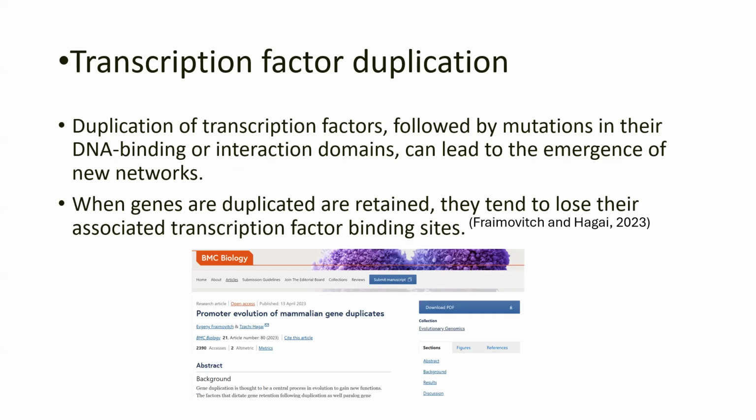And then the transcription factors may become silenced, in which case the second copy can become a pseudogene, and it's free to evolve, and it accumulates non-synonymous substitutions at a faster rate than expected. But it's not due to selection. It's due to the fact that it's not active. It's not doing anything, and so it's free to evolve. It has degrees of freedom at the RNA level that it didn't have before.